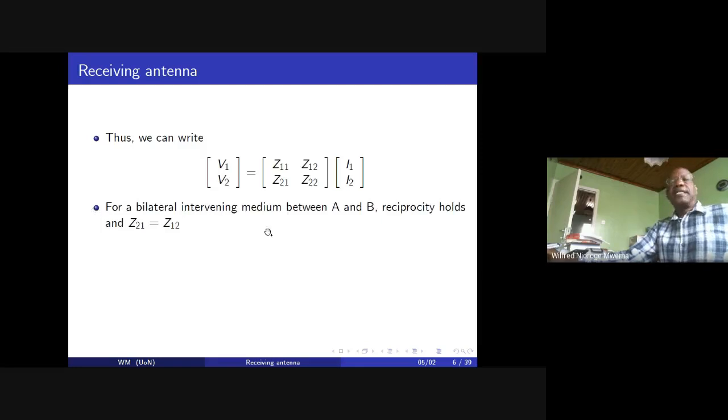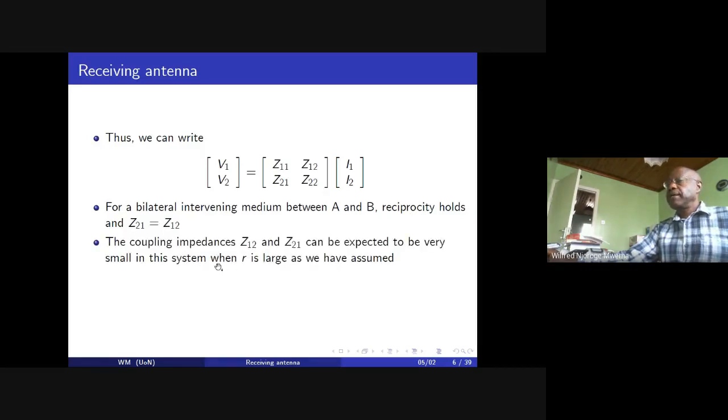For a bilateral intervening medium, we know that antenna A and antenna B are spatially separated, and in between we have a medium, either free space or filled with dielectric or something. But as long as it's bilateral, that is, the properties do not depend on direction, reciprocity will hold and therefore Z21 is equal to Z12.